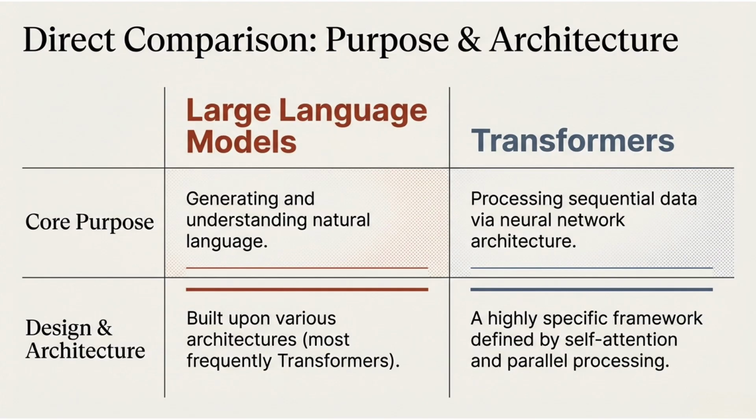LLMs can be built using different architectures, but most modern systems rely on transformers for efficiency and scalability. Therefore, transformers define the architecture, while LLMs represent the application built upon it.